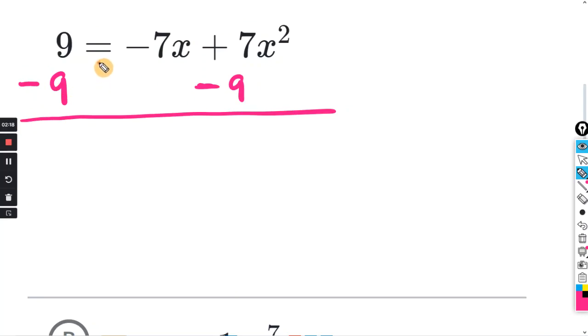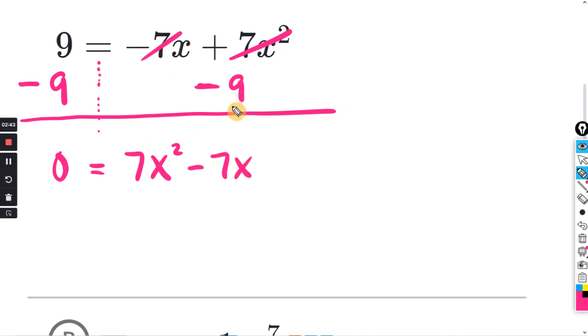If it helps you, you can just do this here, but you don't have to. 9 minus 9 is 0. Bring down the equal sign. And we want to write the exponents with the greatest exponent first. So positive 7x squared is first, negative 7x is second, and negative 9 is last.